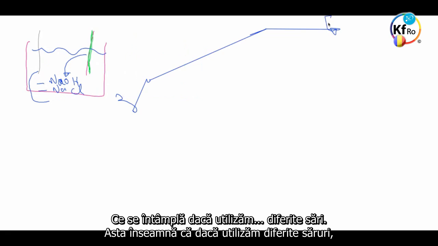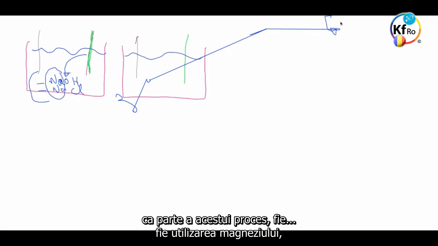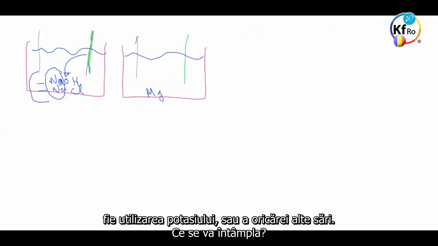What this means is that if we use different salts as part of this process, be it use of magnesium, be it the use of potassium, or any other salt, what would it do?